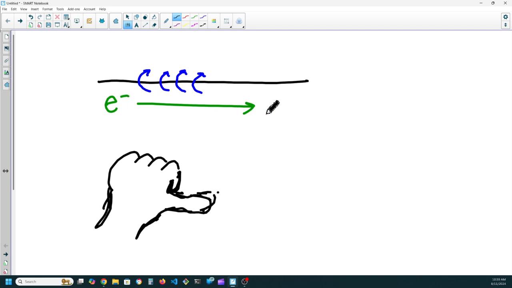So here's my left thumb, it's pointing in the direction of current flow, and my fingers are wrapping around the conductor in this direction.